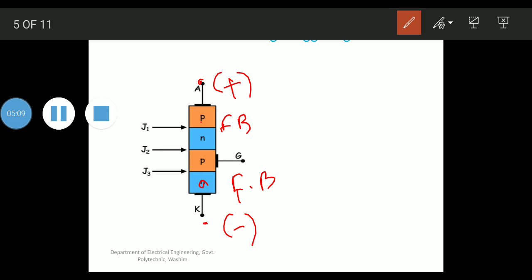Now if we look at the junction J2, here N type material is connected to positive terminal and P type material is connected to negative terminal, and that's why the junction J2 is in reverse biased mode. So according to this situation, there is no clear path for the conduction of current from the anode to the cathode because of the reverse biased mode of junction J2.